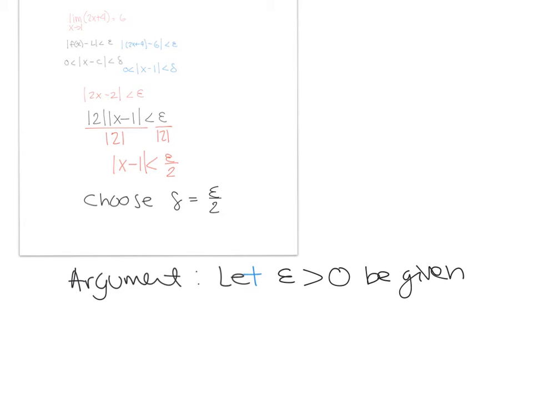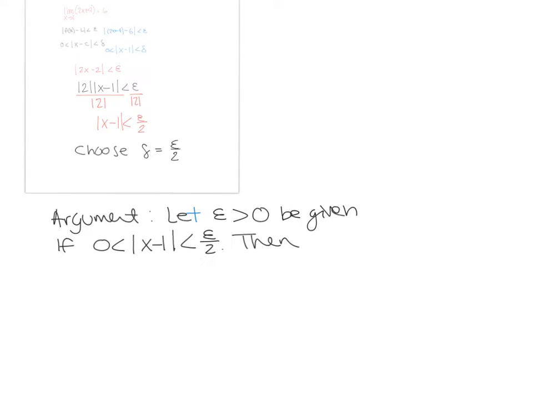And then we're going to define our delta based on what we chose delta to be, which was: if the absolute value of x minus 1 is less than epsilon over 2, then, and now I actually start showing my proof, the work I did in my argument.